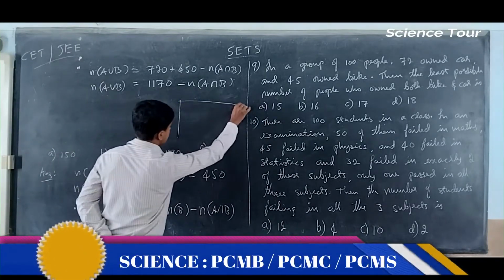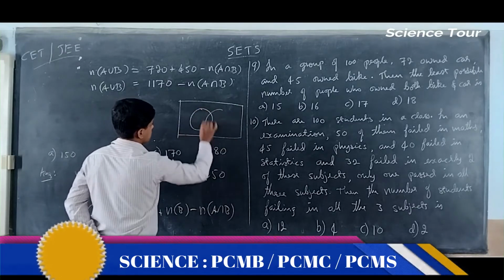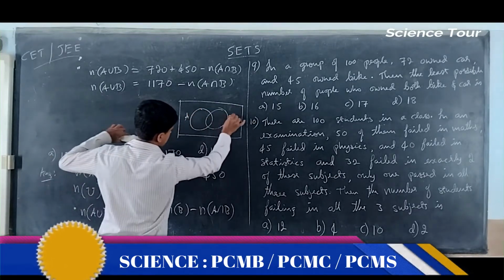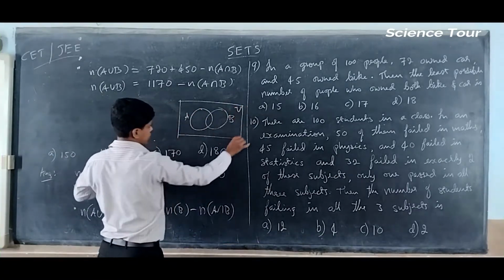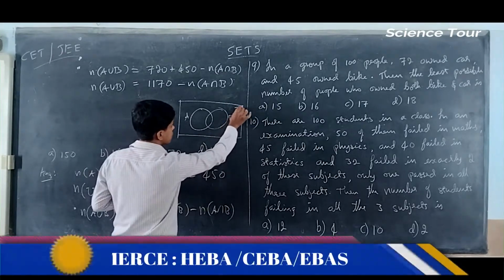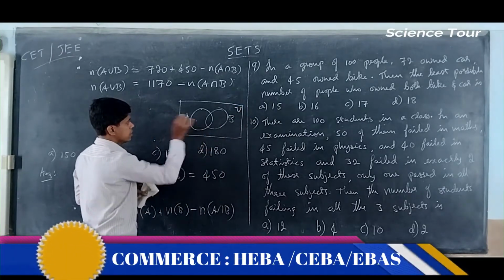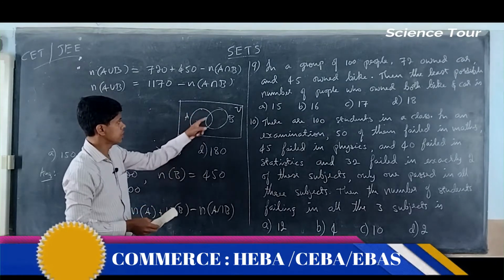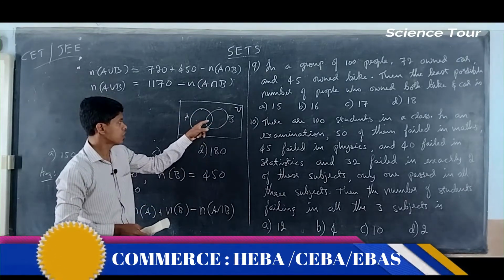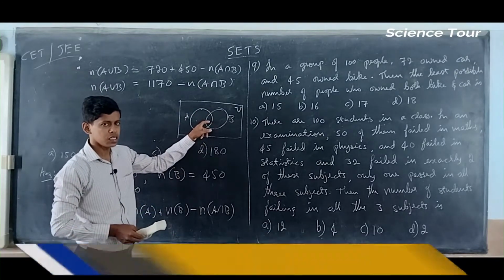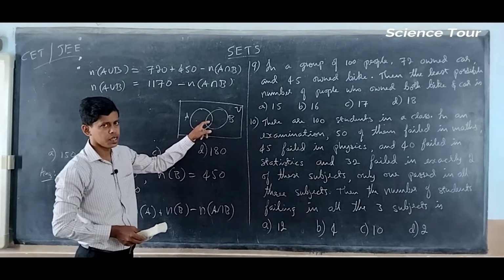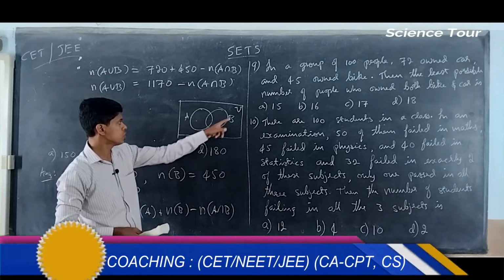You understand using the Venn diagram. You have the set A, you have the set B, you have the rectangle, that is the universal set, and here you have 720, here you have 450. Now what you need to find is the common region, the least number here. Alright, now you do not know the union.